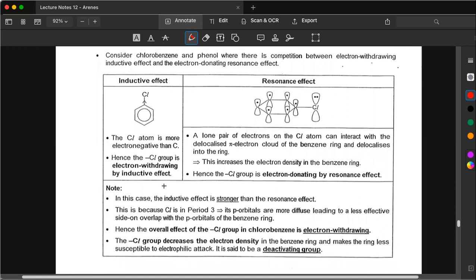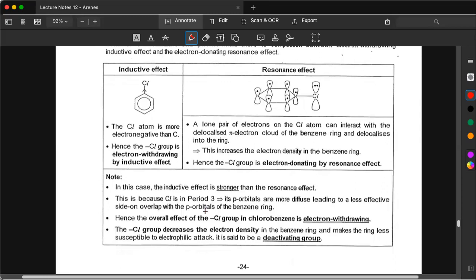But in this case, the fact is inductive effect is actually stronger because chlorine is in period 3. So the p orbitals are more diffuse, leading to a less effective side overlap with the p orbital. So if we have a more diffuse p orbital, the overlapping is not so good.